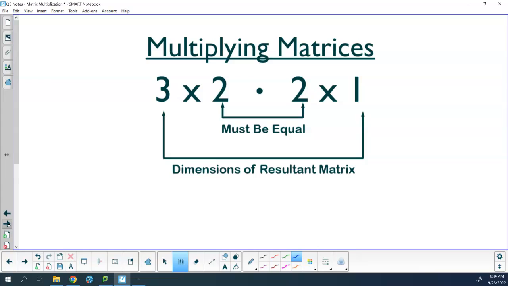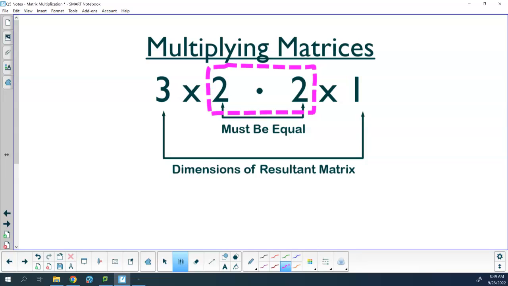So when you line up, and again, remember, it's always rows by columns, the sizes of the matrices, the columns of your left matrix has to be equal to the rows of your right matrix.